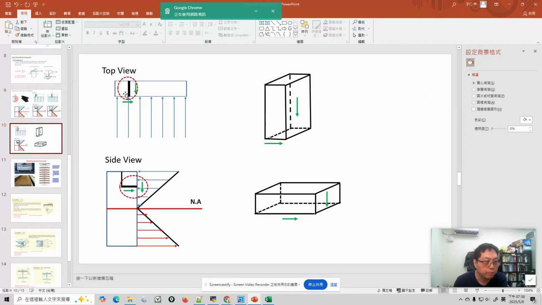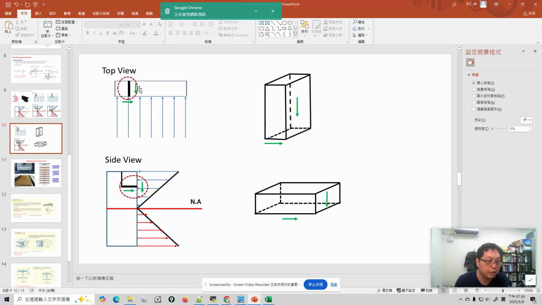This is the real 3D picture. When we talk about the shear force at this side, it means the shear force here. In order to have the shear force balance, it will generate a horizontal shear force at the bottom of this element.